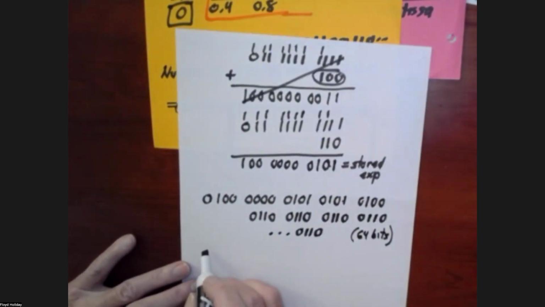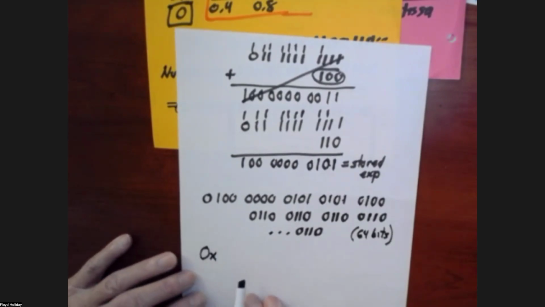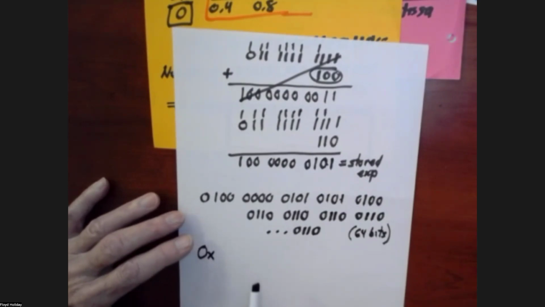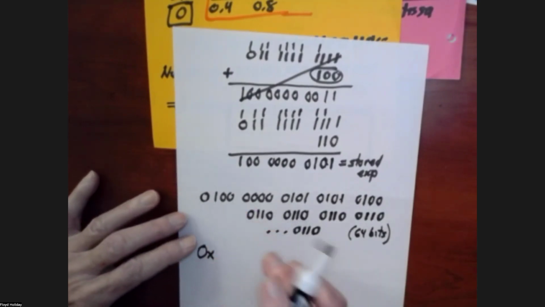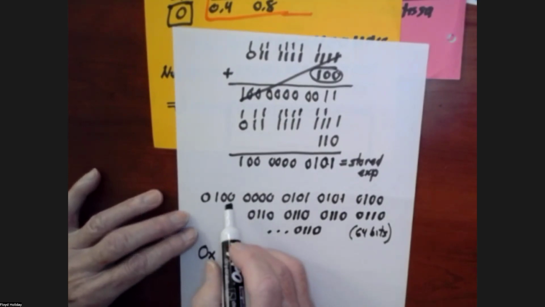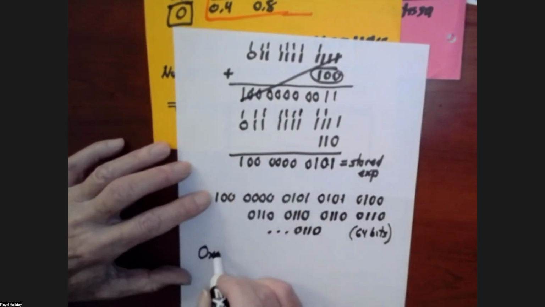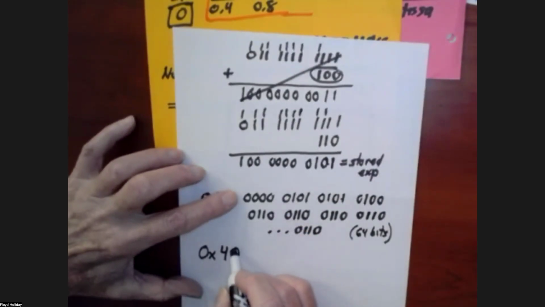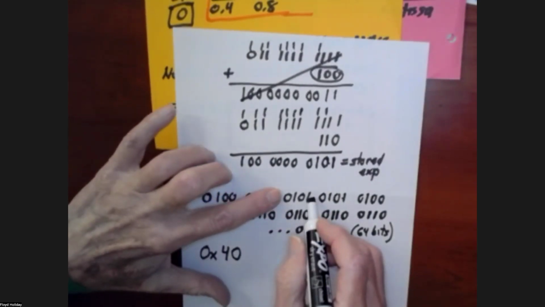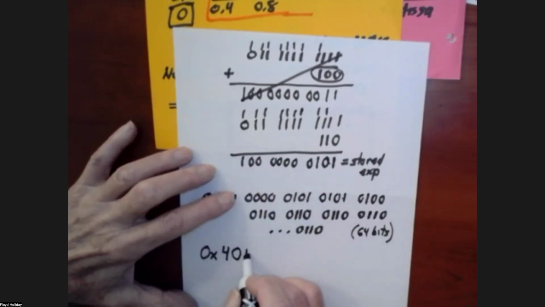But for us humans, we need something we can read. By habit, I already put them in groups of 4. You see the little blank spaces. The first one is a 4. The next one is a 0. The next one is a 5.